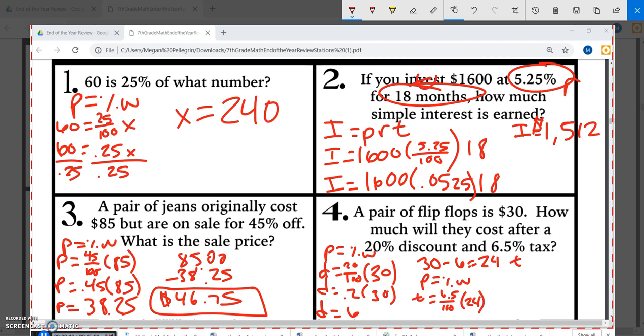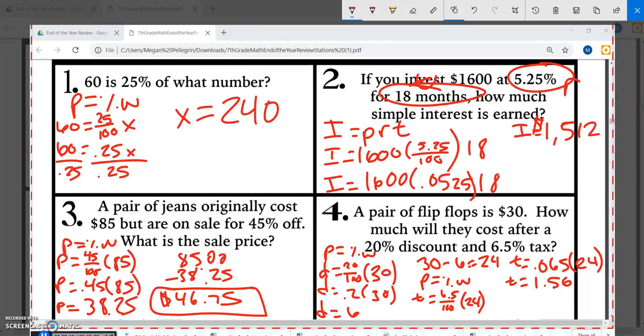Okay, so my tax is 0.065 times 24. And so when I multiply 0.065 times 24, I get $1.56. So the tax is $1.56.